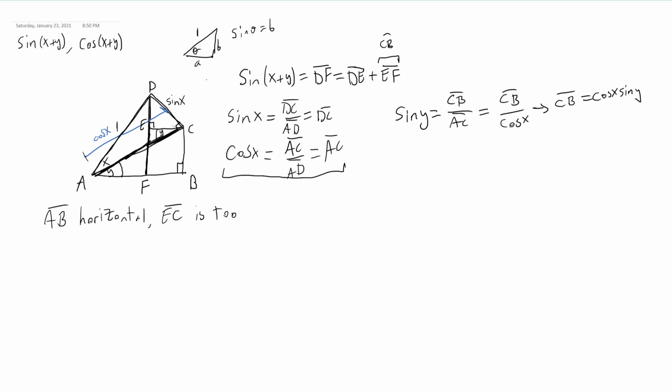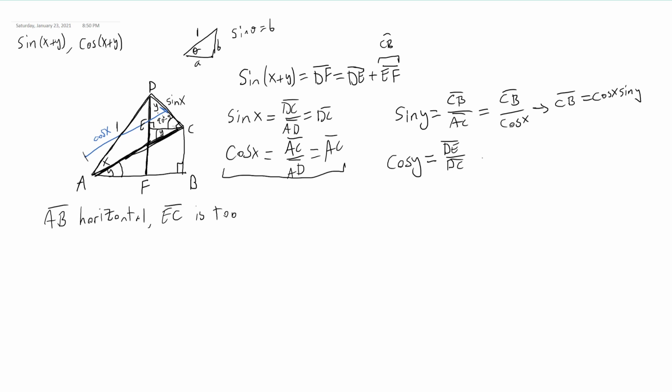But if that's angle Y, then this angle is 90 degrees minus Y. So to make that DEC triangle have 180 degrees, this angle must be Y. So now, if we consider that small triangle in the top right, DEC, if we consider the cosine of Y, well, that is DE over DC.